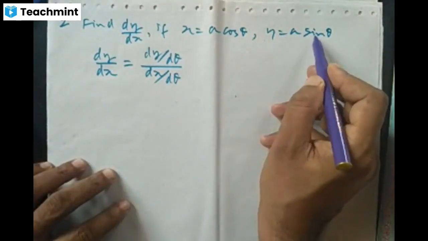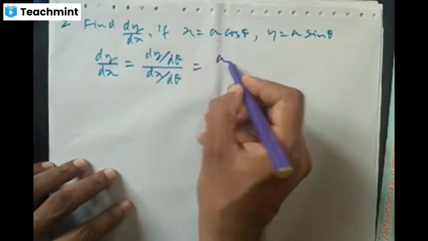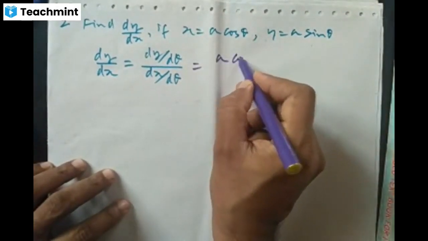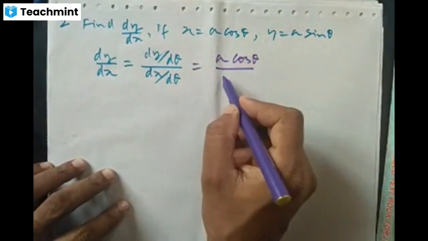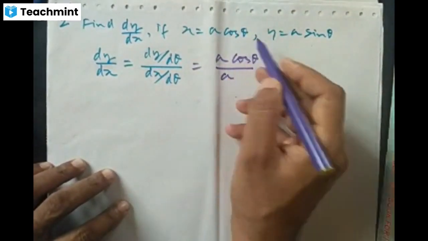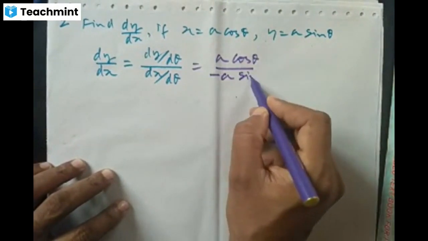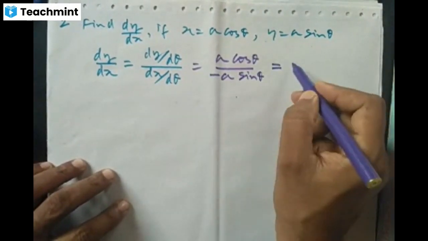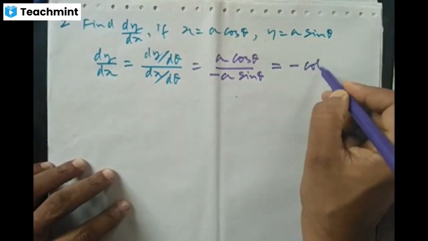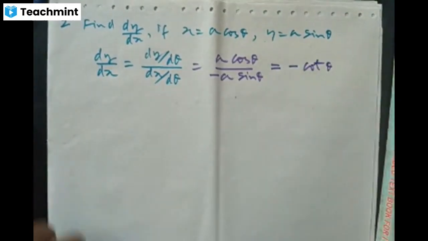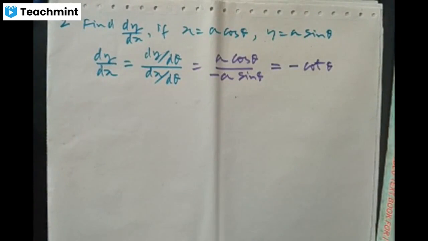Differentiate y with respect to theta, we get a into cos theta, divided by dx by d theta, a into minus sin theta. So you can cancel the a and a, finally we get minus cos theta by sin theta, minus cot theta. So dy by dx is minus cot theta.